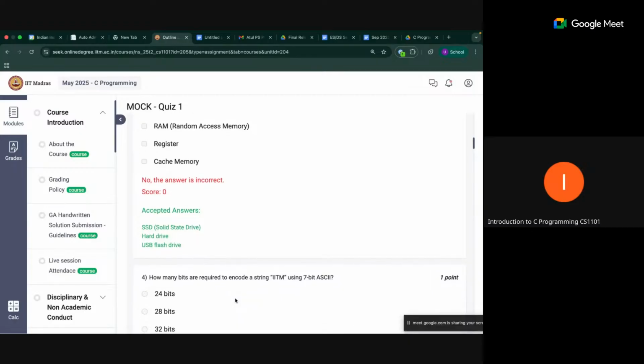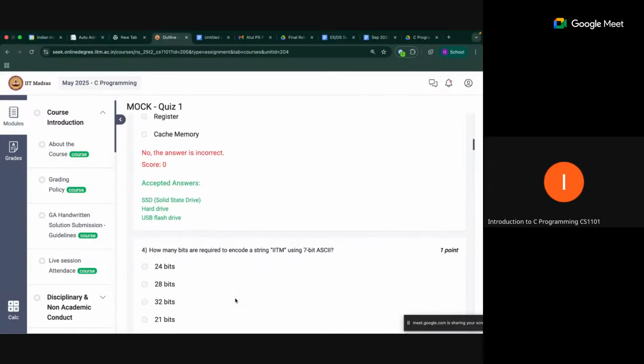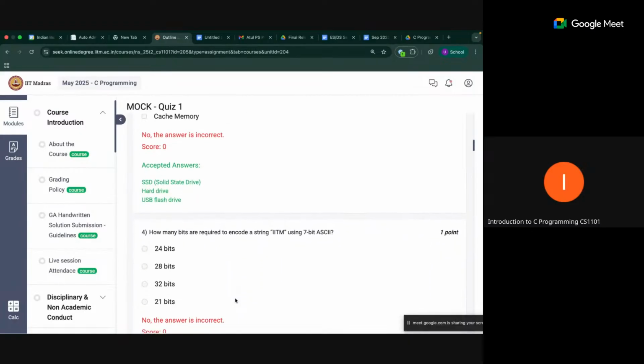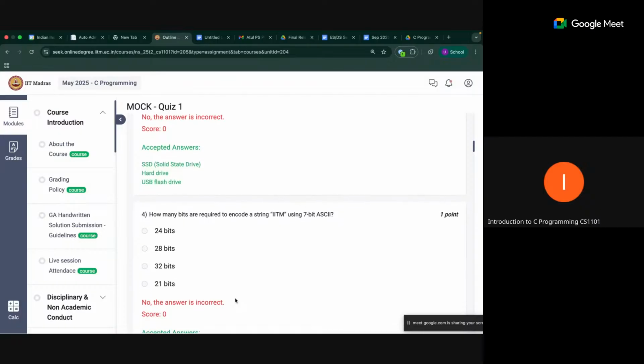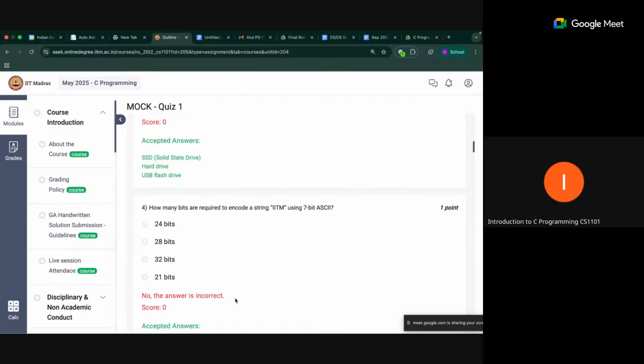How many bits are required to encode the string IITM using 7-bit ASCII? Four characters, 7 into 4 equals 28 bits. Others, what is the answer? 28.